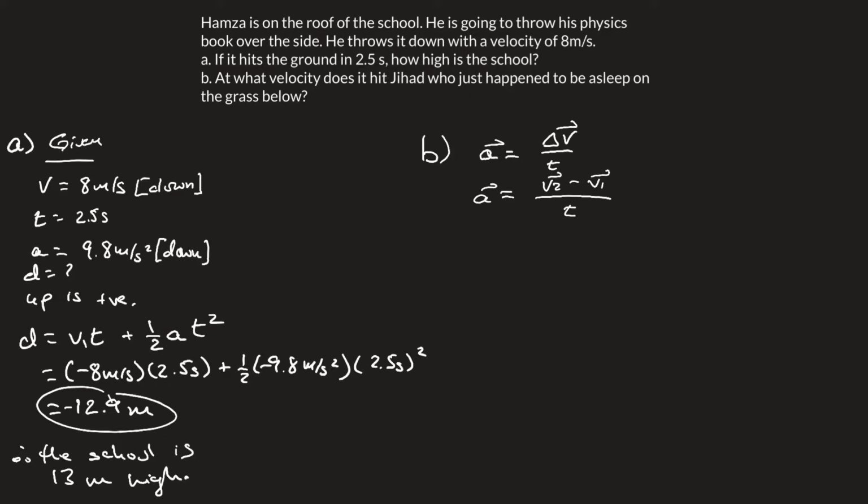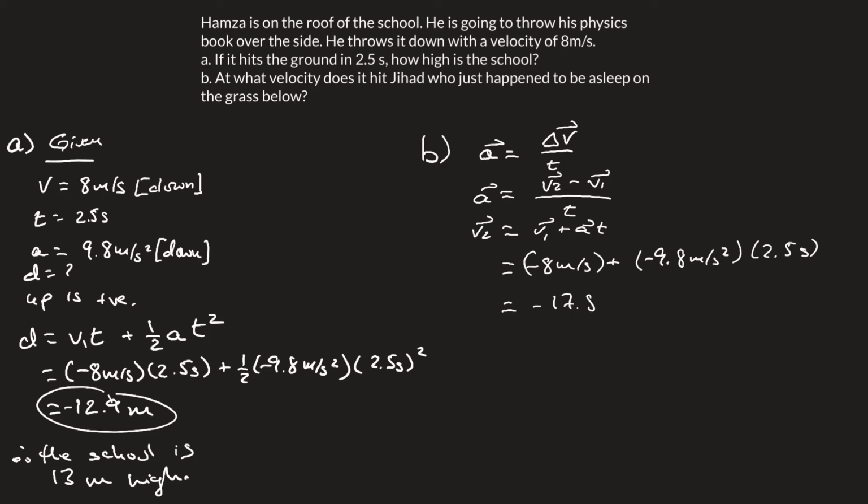And we can continue to rearrange this until we get a value for v2, which is going to tell us that v2 is equal to v1 plus at, which gives us negative 8 meters per second plus negative 9.8 meters per second squared times your time, which is 2.5 seconds. All of that gives us a v2 value of negative 17.8 meters per second.